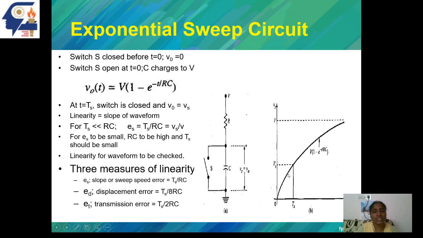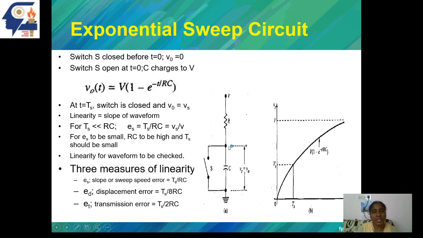If at Ts the switch is closed, in this portion we analyze the linearity by the slope Vs by V. For the error to be small and the waveform to be more linear, we should keep the time constant high, and the time for which the switch is open should be very small. If this time is very small, we will get a more linear waveform, and RC should be maintained high.